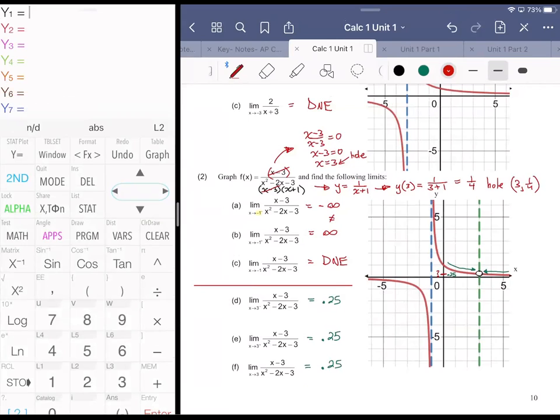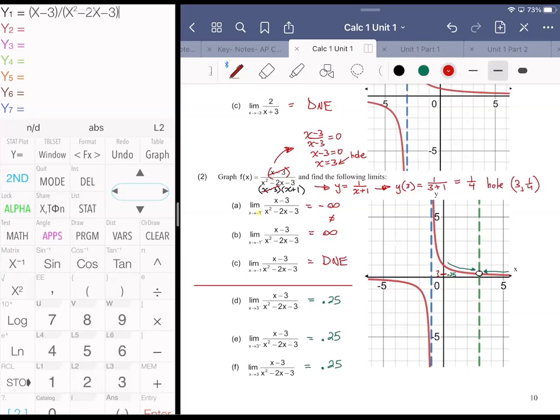So what we do is we put in the original function. X minus 3. You could use the fraction tool if you want, alpha y equals, and type it in that way, but I already started doing it this way. So minus 2x minus 3.